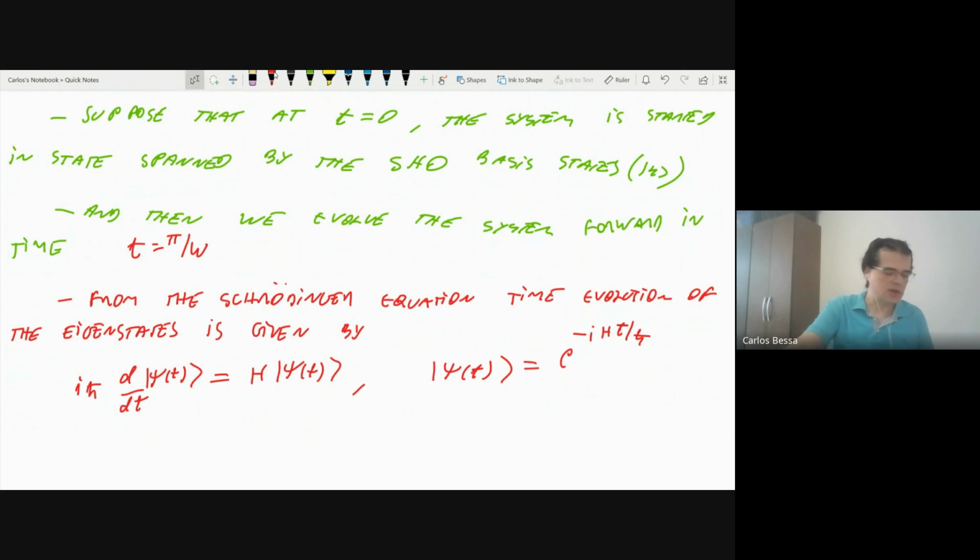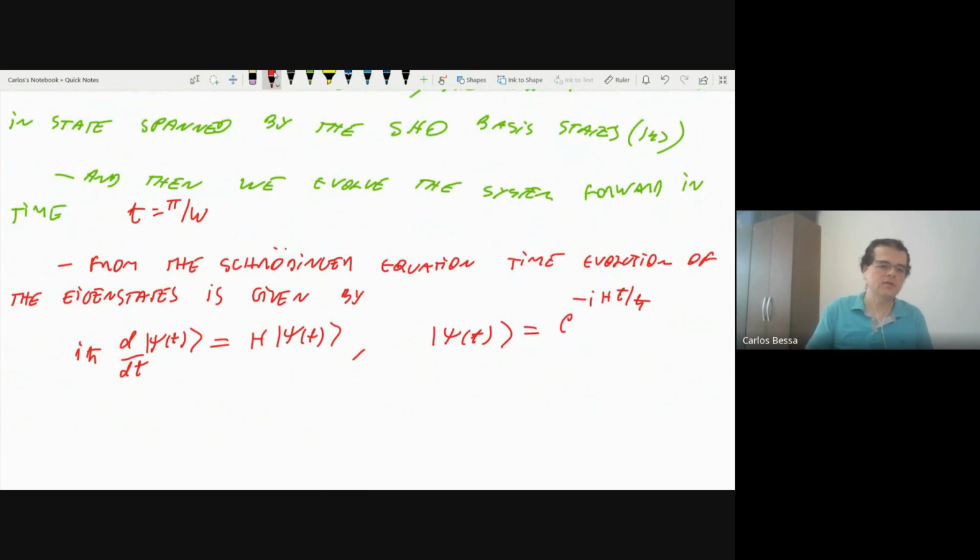And we can write the total psi of t, x. You have just this part, exponential minus i H t over h bar. I showed this with more details, I think 2 or 3 lectures ago. So it will be psi of t equal to 0, x.